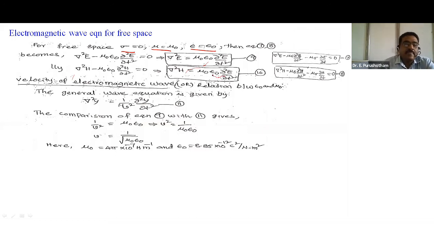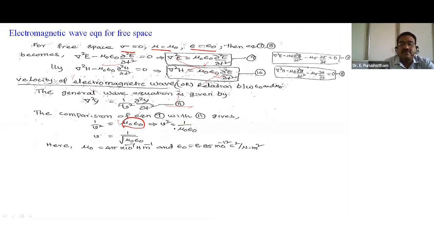So the velocity of the electromagnetic wave, or the relation between epsilon naught and mu naught. The general wave equation is del square y is equal to 1 by v square dou square y by dou t square. That is equation number 11. So comparing equation 9 or 10 with equation 11, at the place of 1 by v square we can write mu naught epsilon naught.